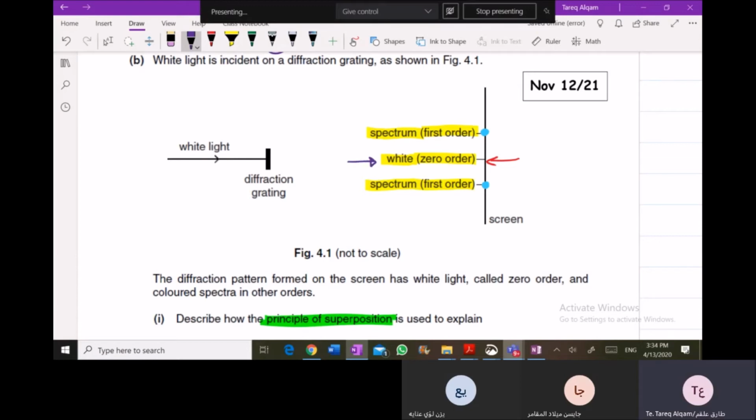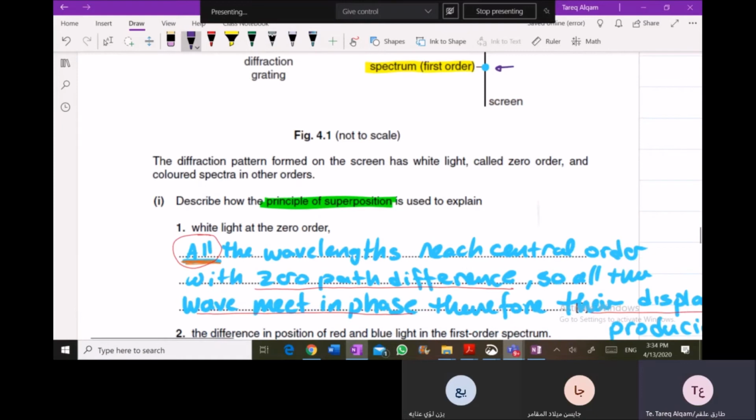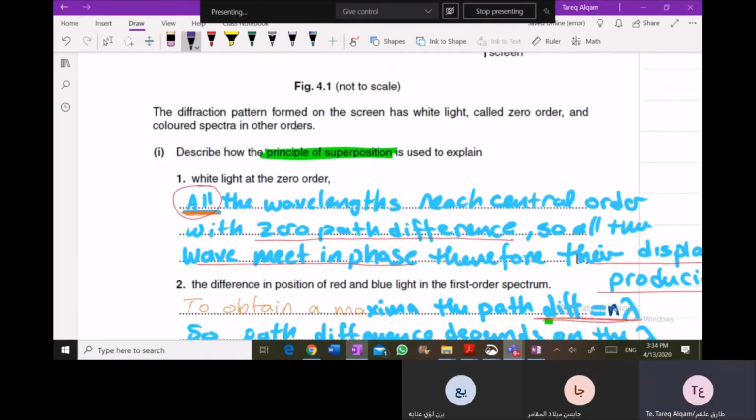The center is white, the first order is a spectrum, like the question that we did, and the second order is a spectrum, the third order is a spectrum, and so on. The diffraction pattern formed on the screen has white light called zero order and colored spectra in other orders, as we mentioned before.